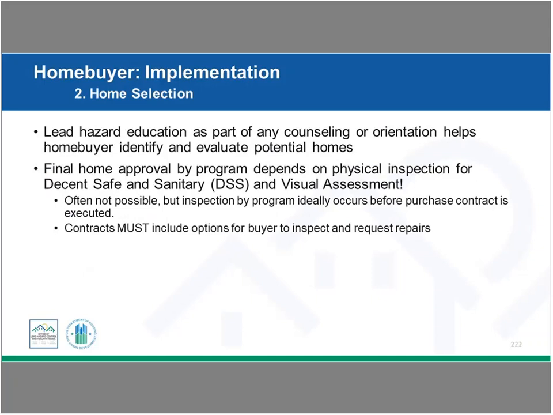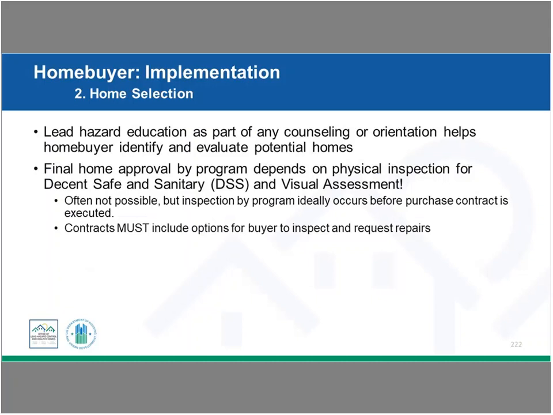Under our home selection, after providing some basic education about lead hazards, we're then working with that home buyer as they identify the units that they're hoping to purchase. You're going to have program requirements from the funding source, HOME program or CDBG, about the standard that the property will have to meet.